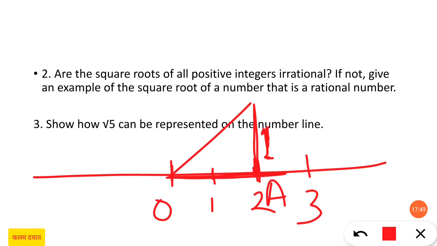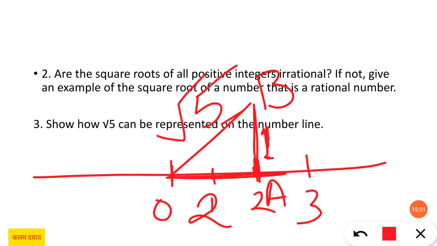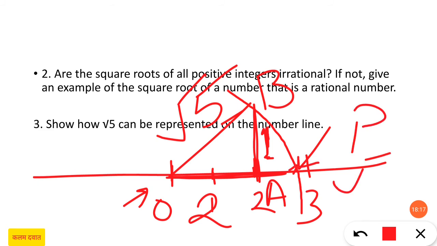Suppose this is O, this is A and this is B. So if this is 2 and this is 1, using Pythagoras theorem, this distance OB will automatically be under root 5. So what do we have to do next? Taking O as center and OB as radius, we have to put an arc which will cut the number line at a point P. That P is under root 5.